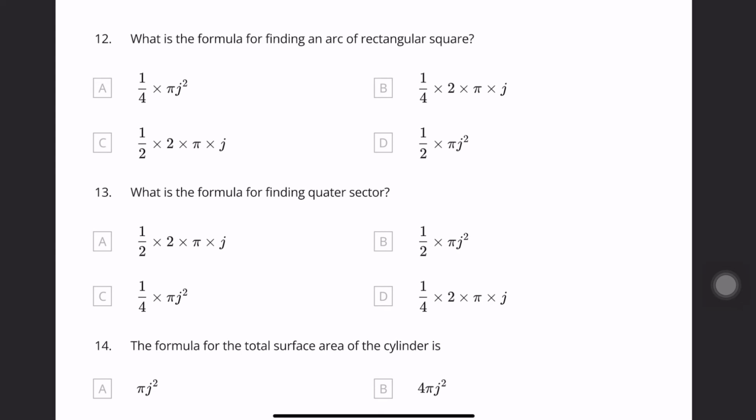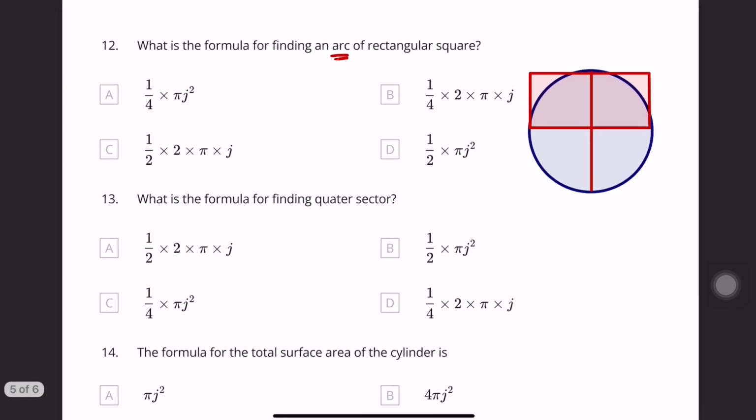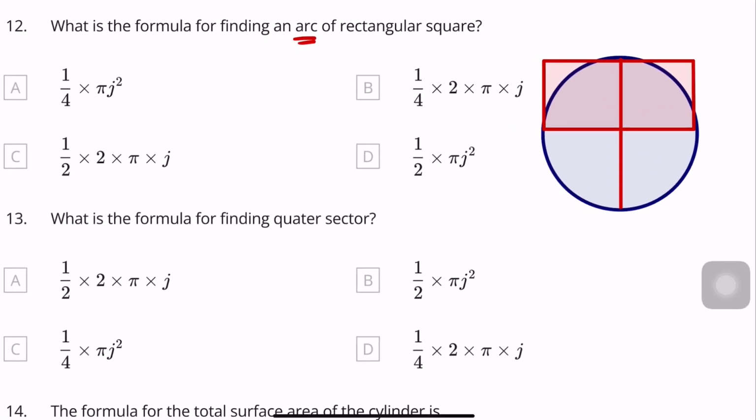What is the formula for finding an arc of a circle, a quarter?